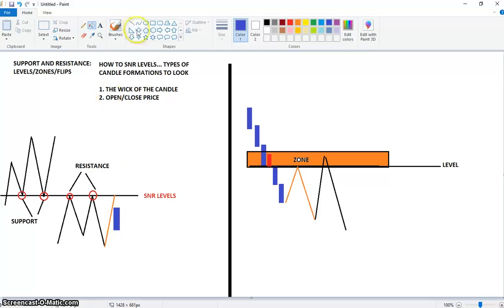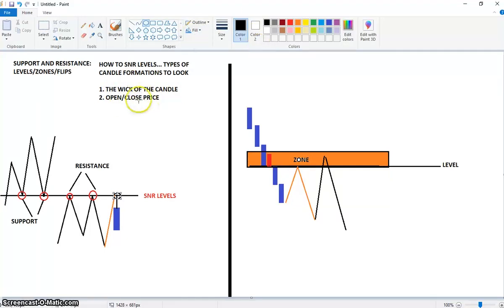Since it's a bullish candle, you have this wick. Now this is a wick. Price can reject from the wick, from this exact area. Price can reject from there, that is the wick of the candle, right?